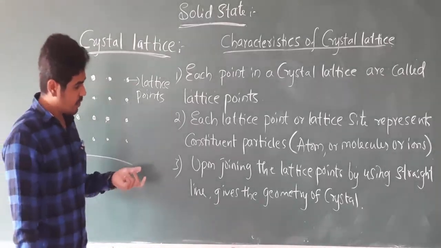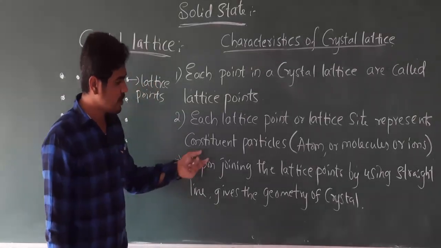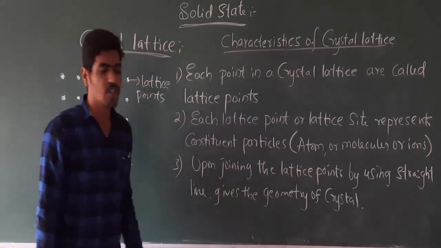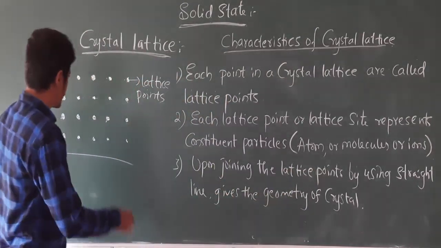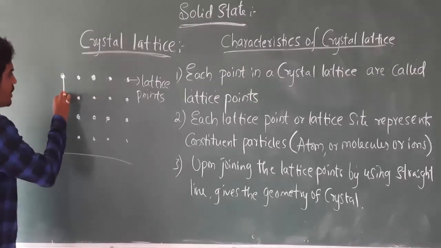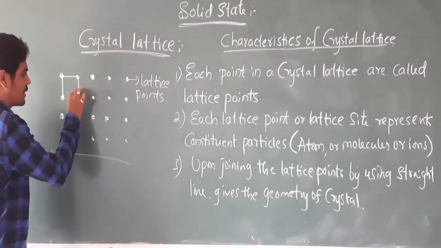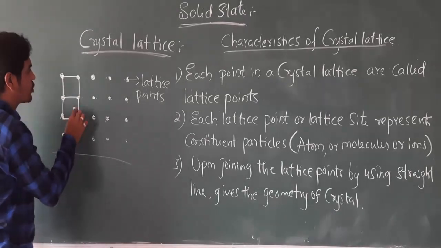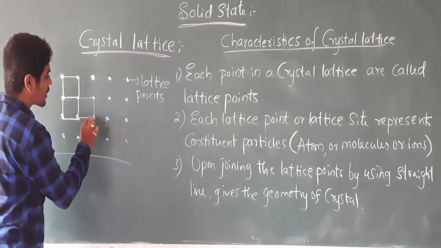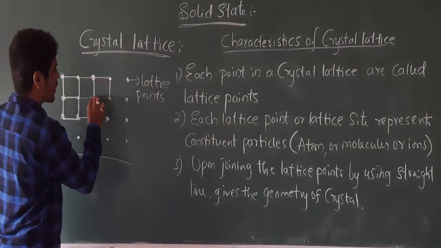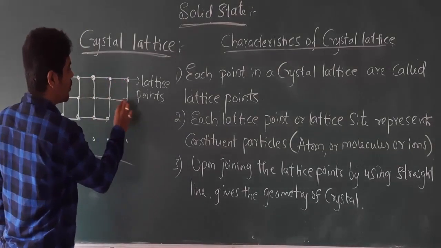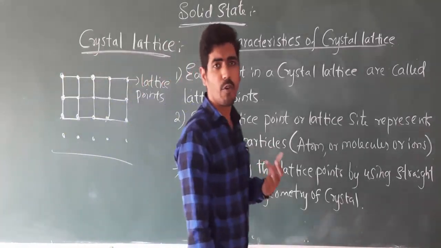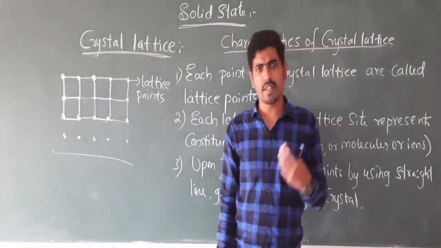Then the third characteristic is, joining the lattice points by using a straight line gives the geometry of a crystal. So simply here, if I join these lattice points with the help of a straight line, it will give the geometry of the crystal lattice. Okay, so it will form a cube, or a tetrahedral structure, or a rhombohedral structure, whatever structure.